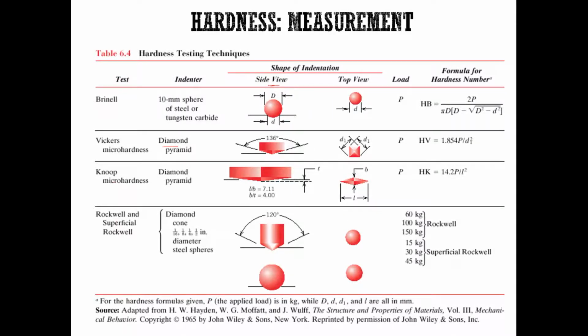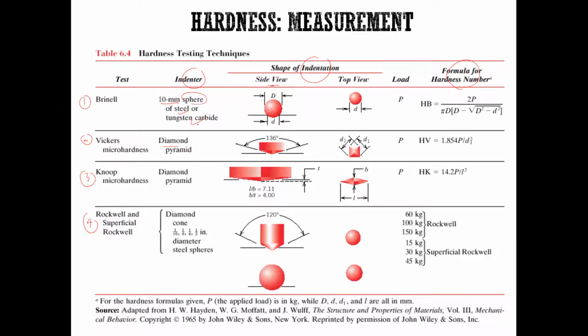We have 4 techniques, which are Brinell, Vickers, Knoop, and also Rockwell. These 4 testing techniques can be differentiated based on their indenter, the shape of indentations, and also the different formulation.